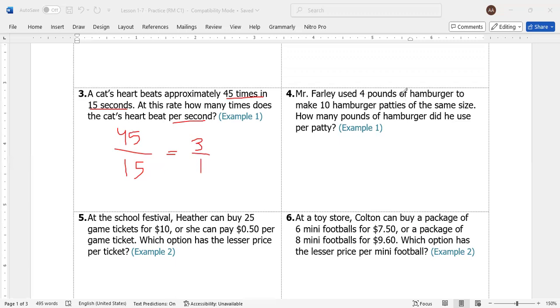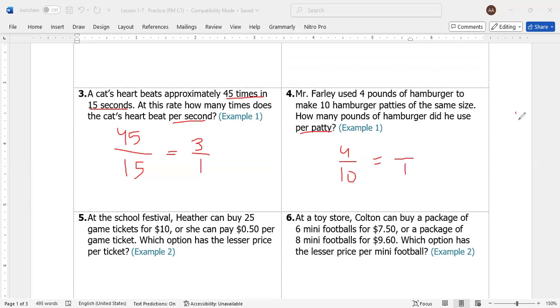Same is the question. Miss Fairley used 4 pounds of hamburger to make 10 hamburger patties of the same size. How many pounds of hamburger did she use per patty? We have to calculate for one patty, so we will divide the number of pounds, that is 4, by the number of patties, that is 10.